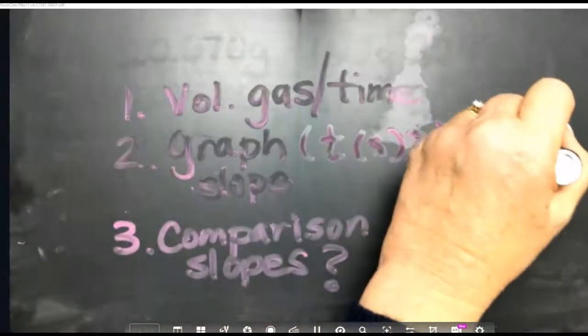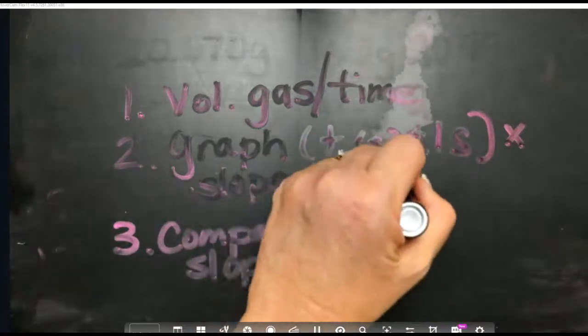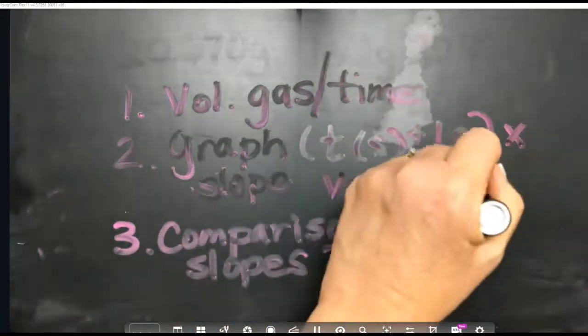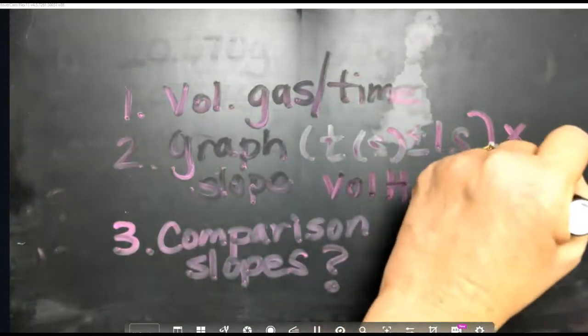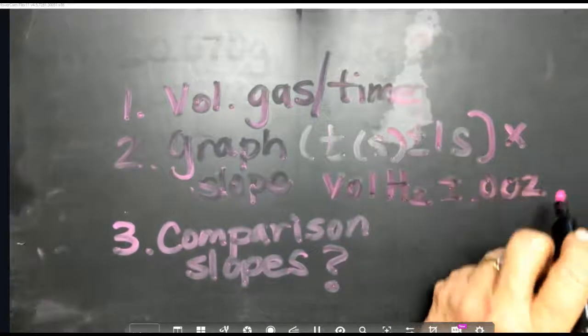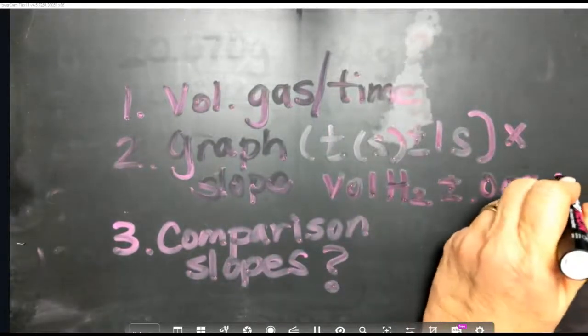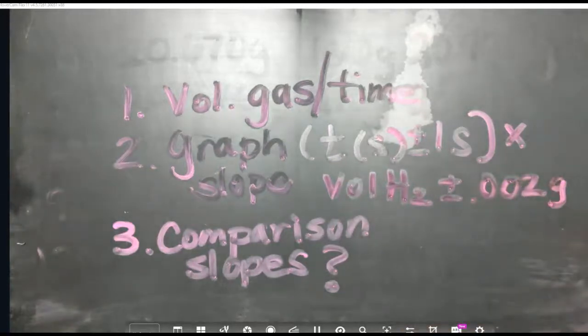So that was our x-axis. Our unit label for our volume of H2 gas is going to be with a plus or minus uncertainty of 0.002. Remember, we had to subtract. And the unit label for this is going to be grams, because we were collecting it in grams.